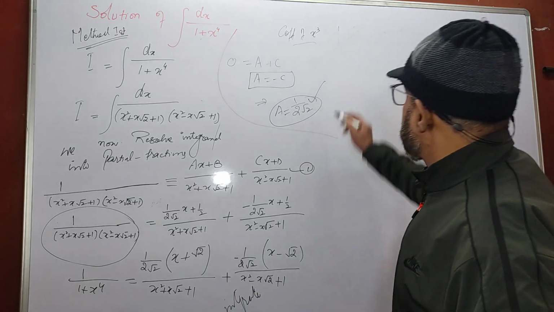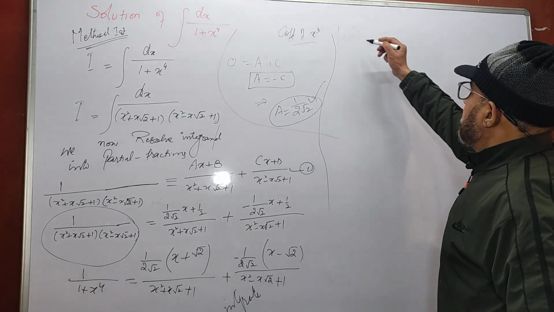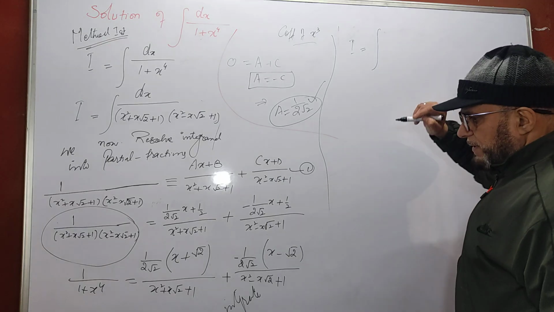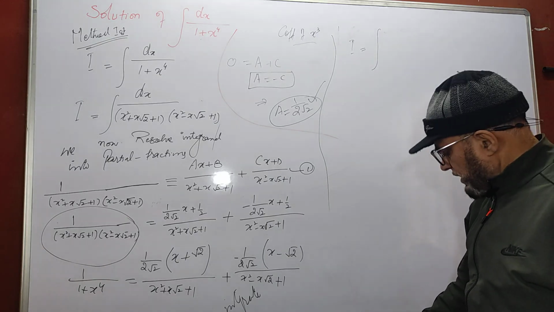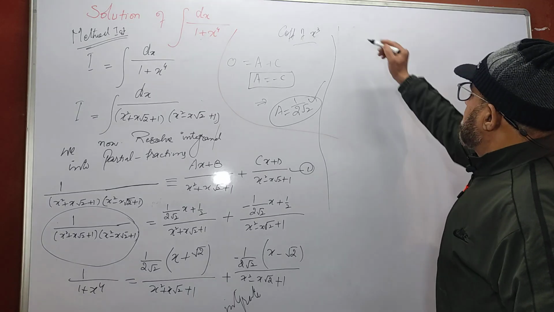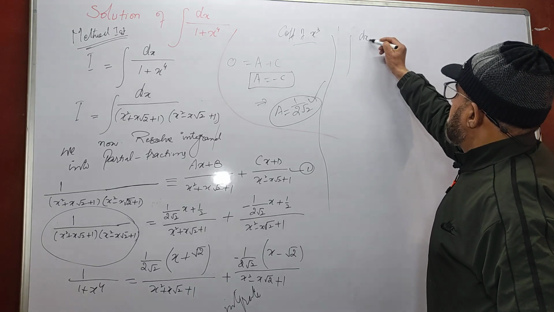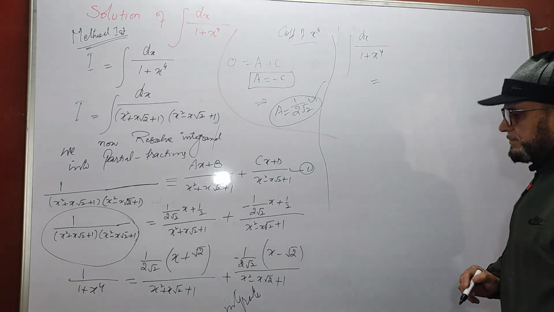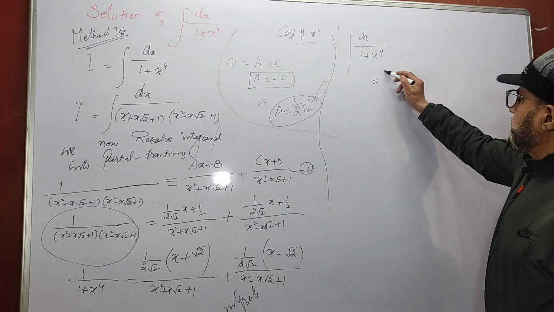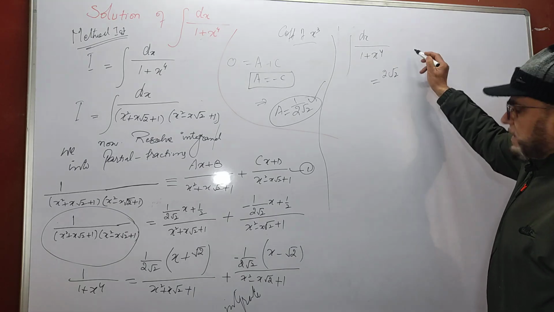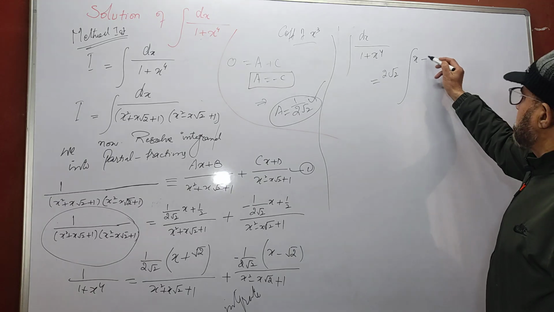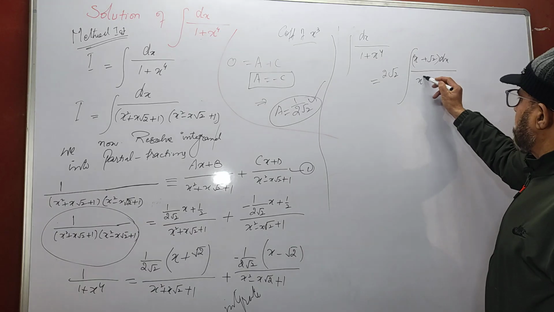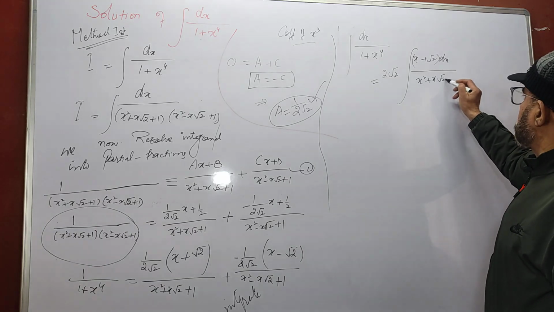When we integrate, let us name the integral I. Our integral I is equal to the integral of dx upon 1 plus x4, which is equal to 1 upon 2 root 2, a constant I can take out, times the integral of x plus root 2 dx by x square plus x root 2 plus 1.